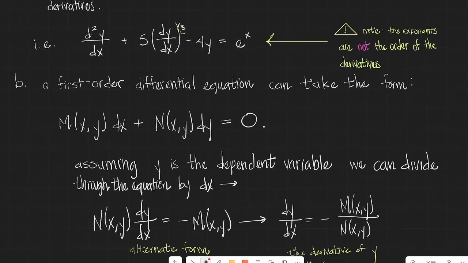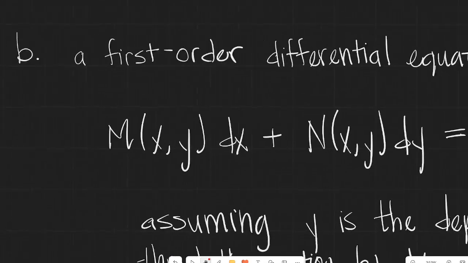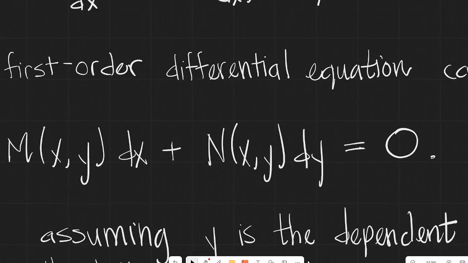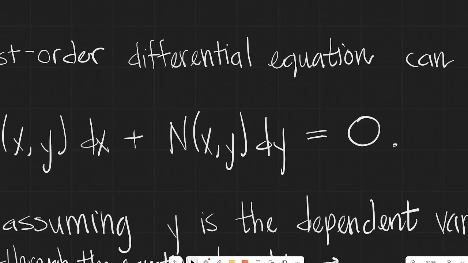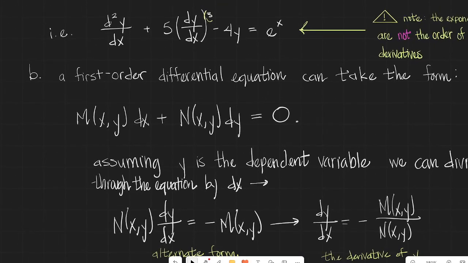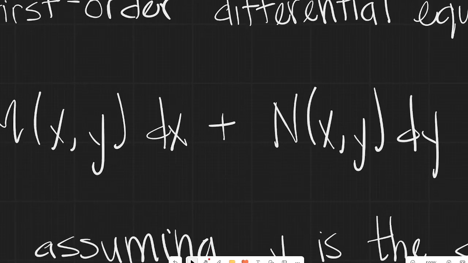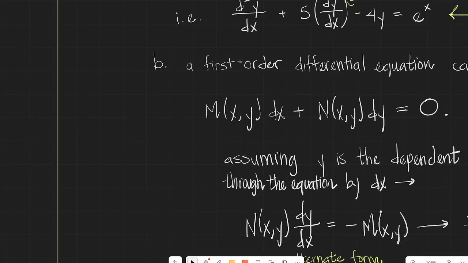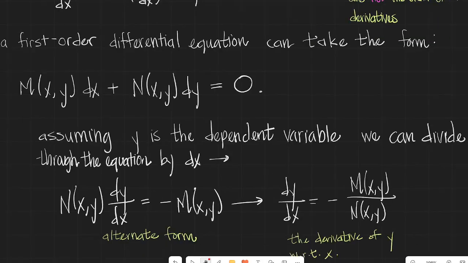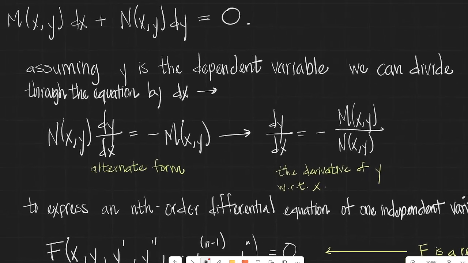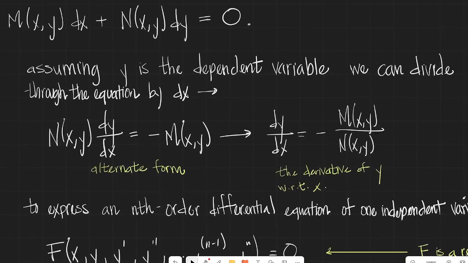So this function M of x,y times dx plus N of x,y times dy, so these are functions in two variables, equals 0. Now we assume, because it's not clear from the notation here what the independent or dependent variable is, that if we just assume y is the dependent variable, we can actually just divide through by dx, and this will give us this structure right here, which is an alternate form.